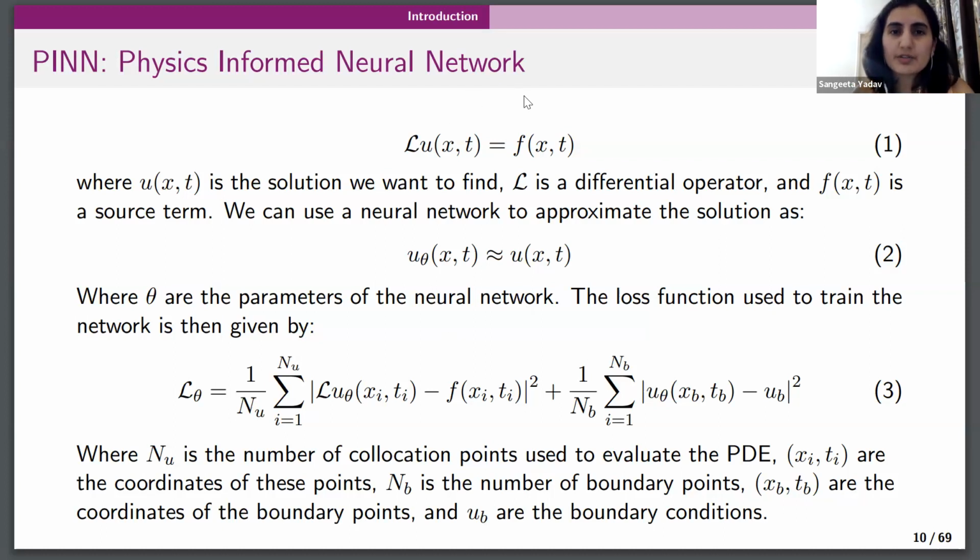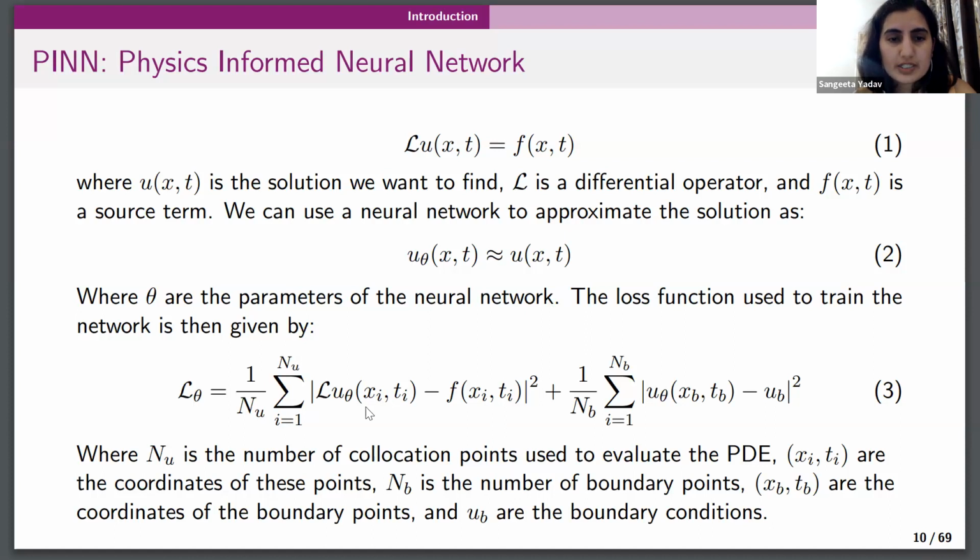And in physics informed neural network, we just write any PDE as Lu equal to f, where L is a differential operator and u is the solution which we are trying to obtain. And then we approximate the solution u with a u theta, where theta are the parameters of the neural network, and the loss function which we minimize with the neural network is given as here.